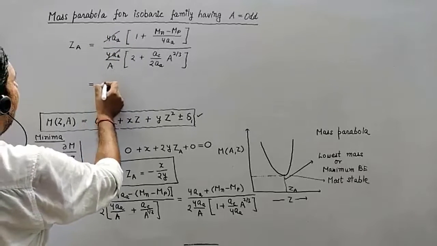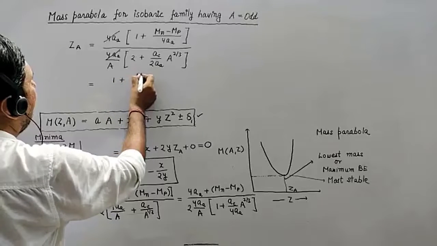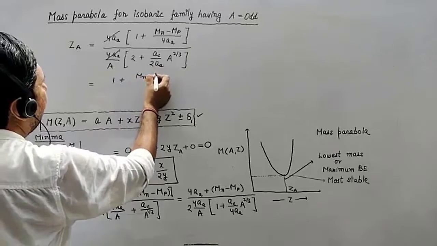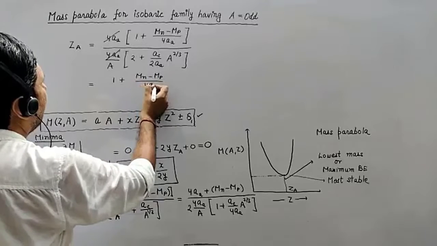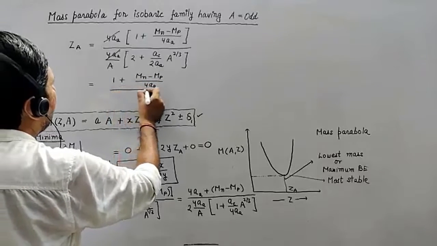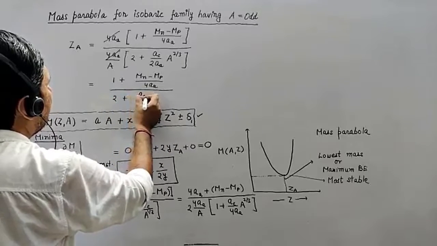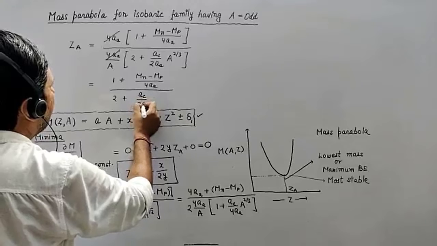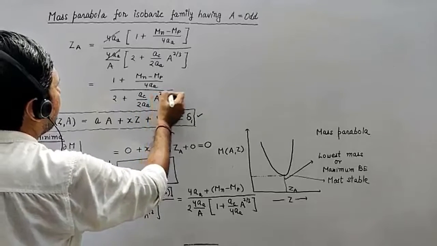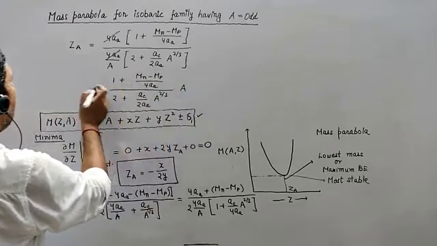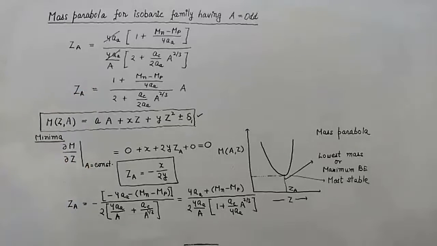And I will have ZA equal to 1 plus (Mn minus Mp) upon 4AA, divided by 2 plus 2AC upon AA a to the power 2 by 3, into A, and this will be equal to ZA.